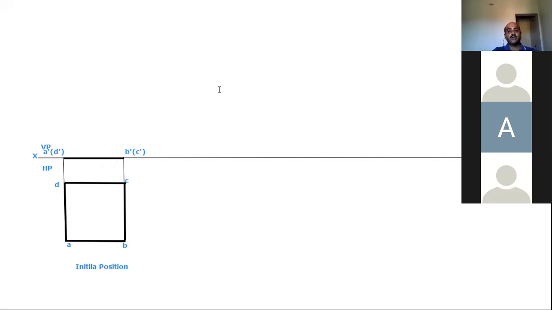Once you get this, the next thing is you have to incline the lamina to the 30 degree line. So draw this and mark it as 30 degree.